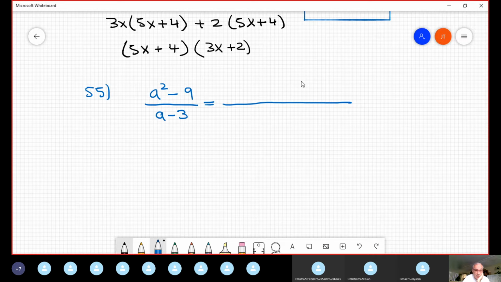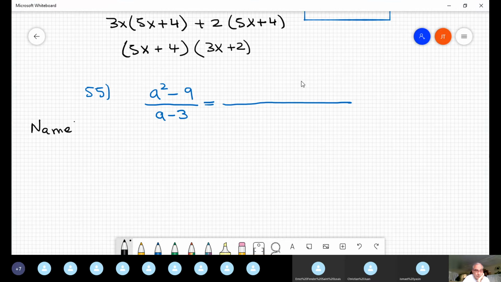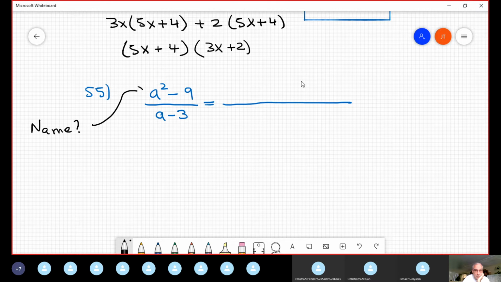What is the name of this? And what is the formula? First the name. Identification is important in algebra. When you face a problem, you identify the expression. This is a trinomial, this is a binomial. What kind of binomial?